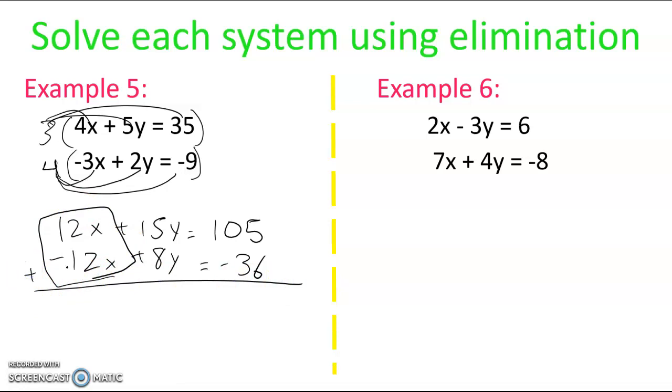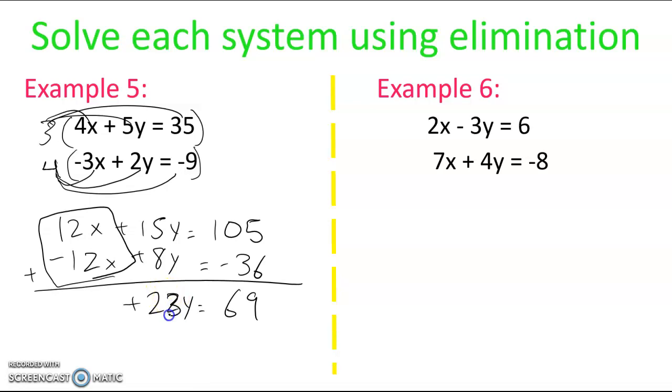So let's go ahead and do that. I add those together, the x's are going to cancel out. I add the 15 plus the 8, and then I'm going to do 105 minus 36. I'm going to do that on a calculator here real quick. 105 minus 36, that's going to get me a 69 right there. Let me double check real quick.